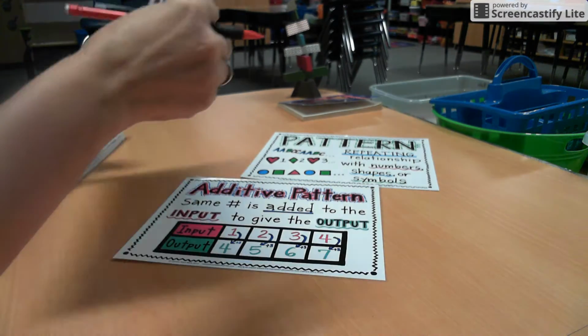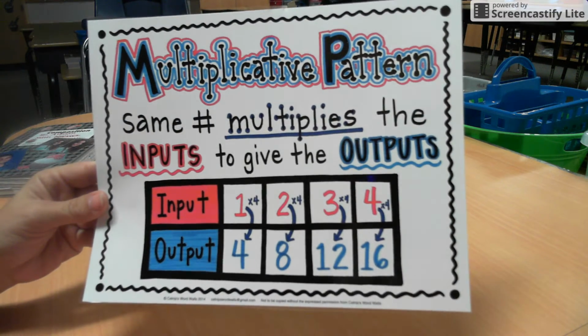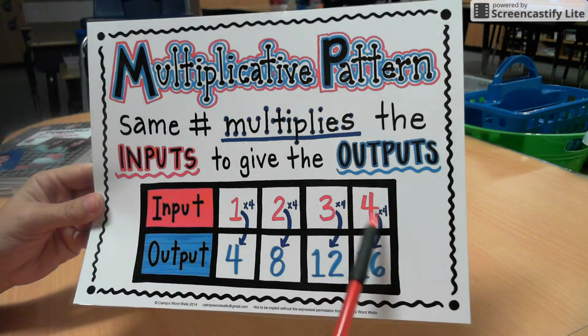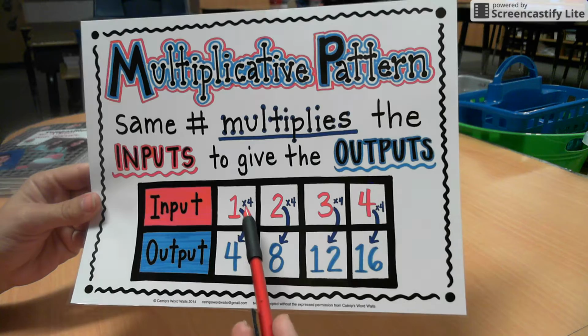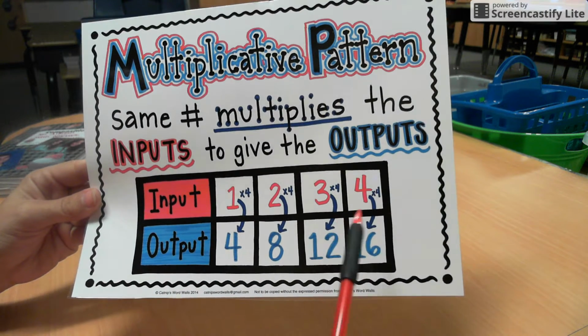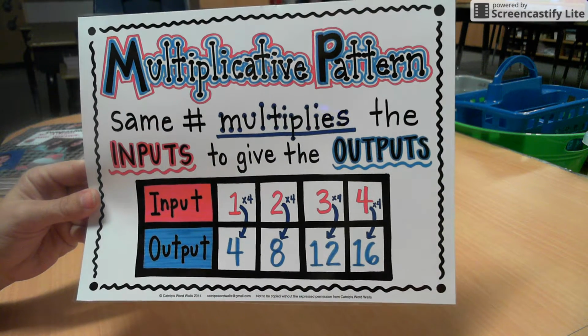Now, with multiplication, I can have the same thing. It's the same number multiplied to the input. So here I have 1, 2, 3, 4 as my input. I'm going to multiply by 4, multiply by 4, multiply by 4, multiply by 4. That's my pattern.